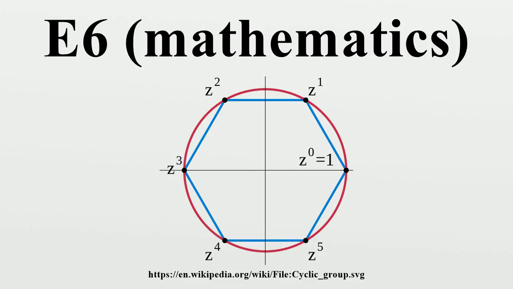The Schur multiplier of E6 is always GCD as its Schur cover.